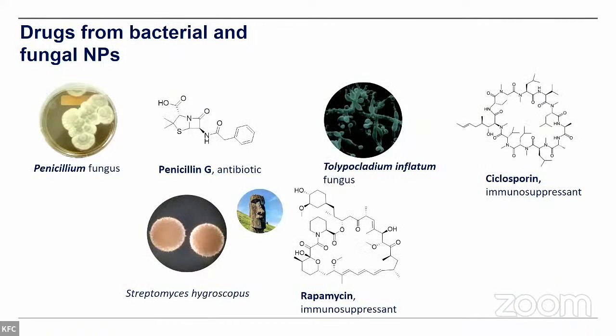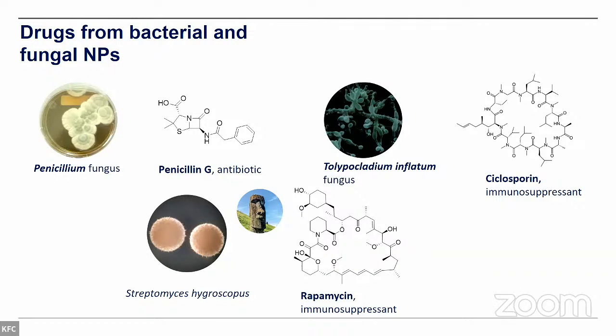And of course, not only plants are used to obtain drugs. There are also fungi, for example, again old school, the very well-known penicillin, but also the immunosuppressant cyclosporin and another immunosuppressant, rapamycin.